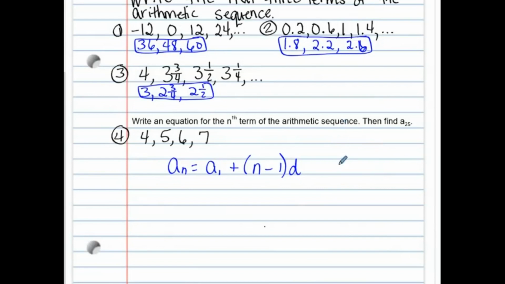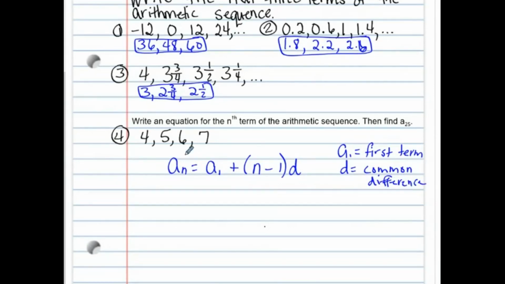So a sub 1 is going to be the first term, right? The number, here we're going to say first term. And then d, of course, is going to be your common difference. Okay.